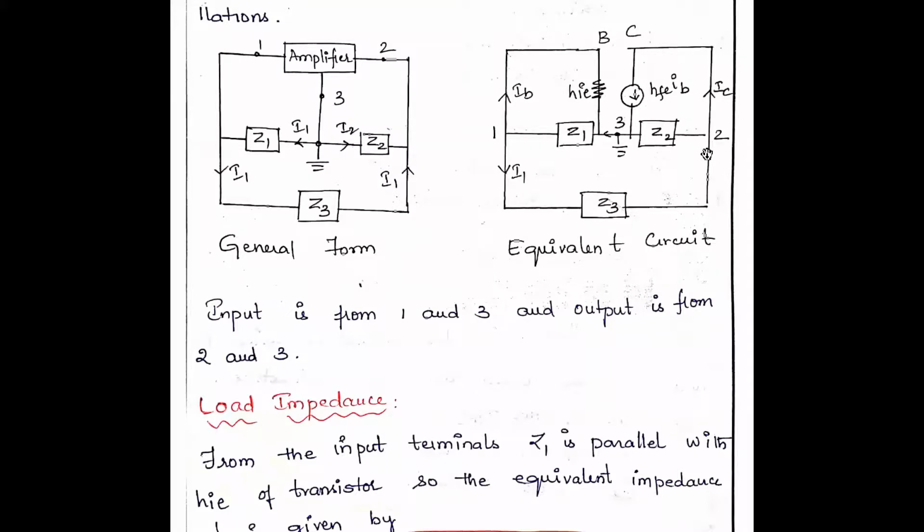And the impedances we are encountering between 2 and 3 are Z3 and Z dash, the parallel combination of Z1 and HIE that we already named Z dash. The current is minus I1. So what will be the voltage V0, the output voltage between terminals 2 and 3? Please answer.